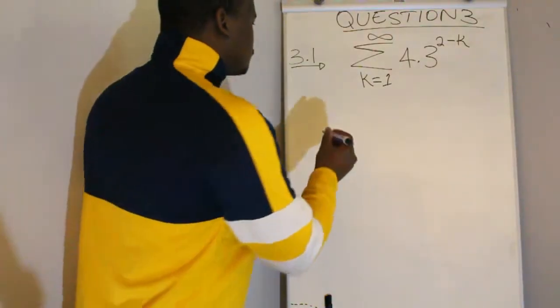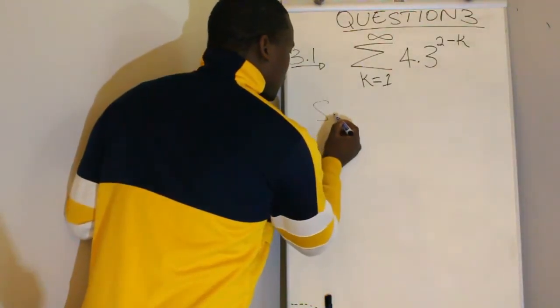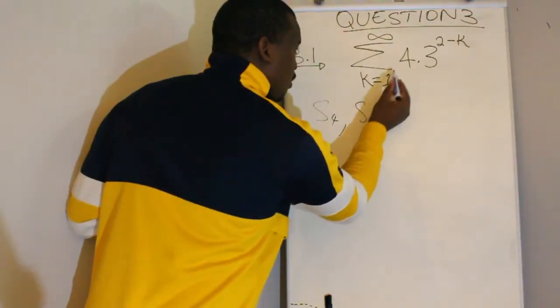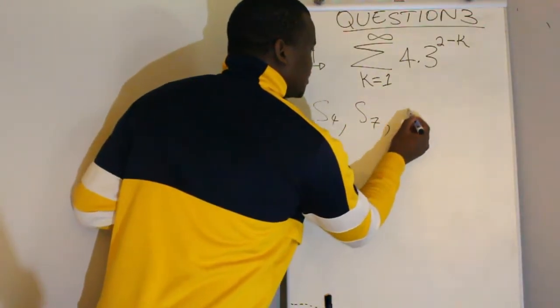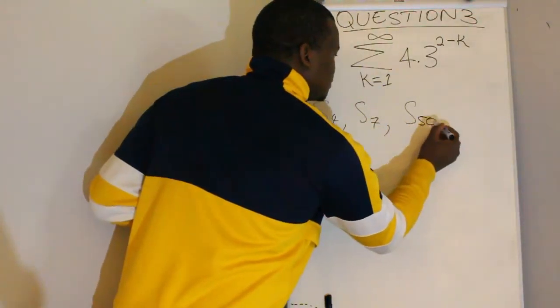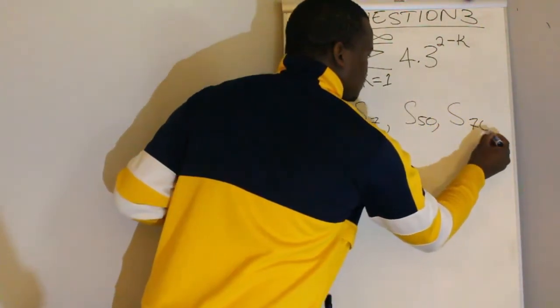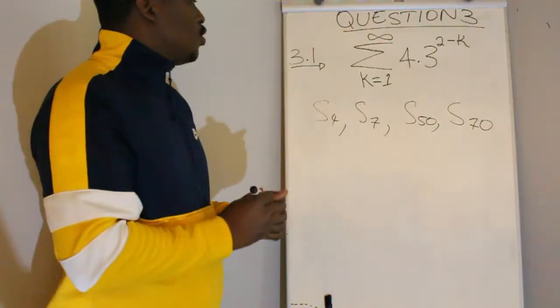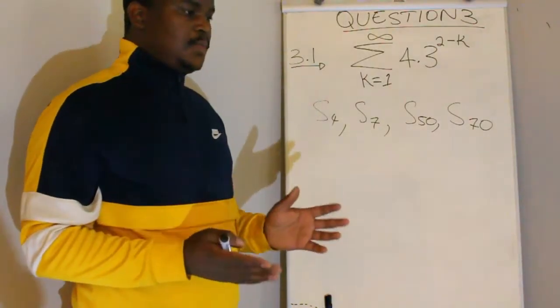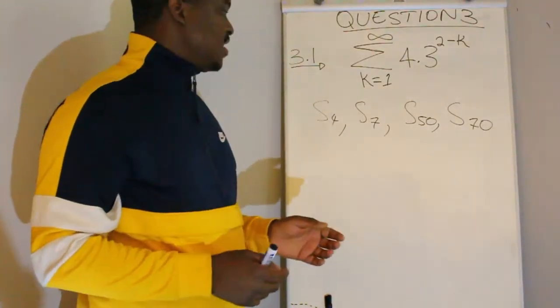Let's say you have the sum of 4 terms, sum of 7 terms, sum of 50 terms, sum of 70 terms. So, I'm trying to explain what a convergent series is here.